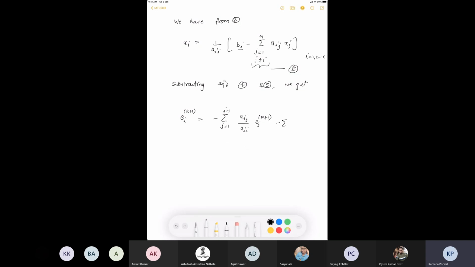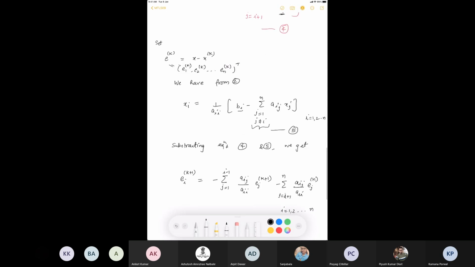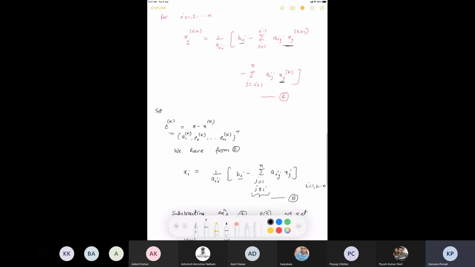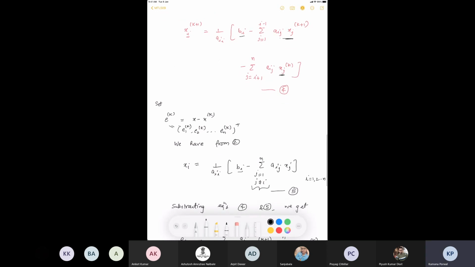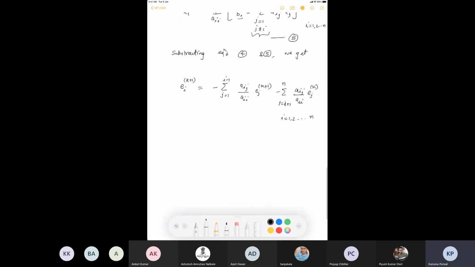And for j is equal to i plus 1 to n, I'm going to get aij divided by aii and the jth component of the kth iterate. So you agree with this? I'm simply subtracting them, and this is what we get.